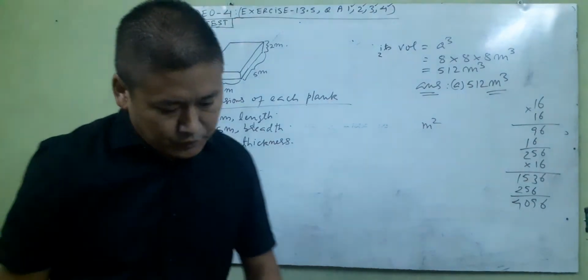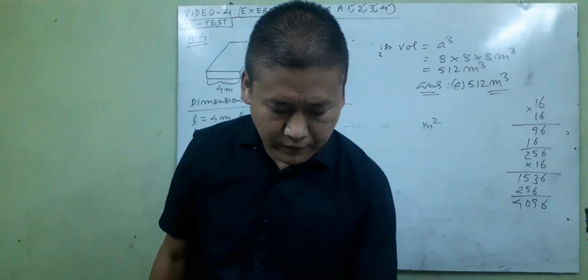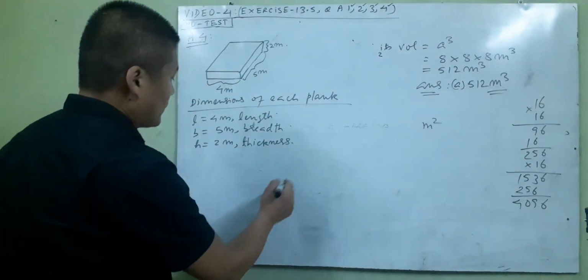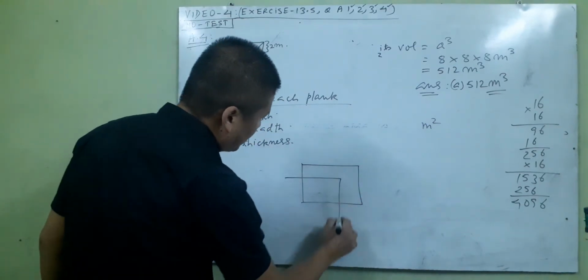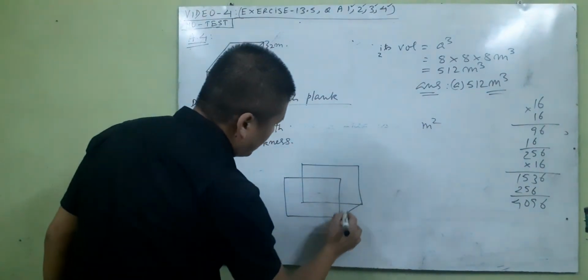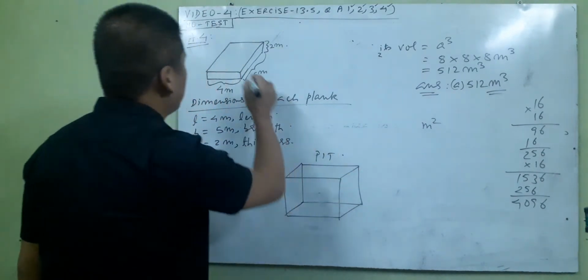Then the question goes on to say this has to be stored in a pit 40 meter long, 12 meter wide, and 50 meters deep. So there is an underground pit of a cuboidal shape. This is the pit, this is the plank.